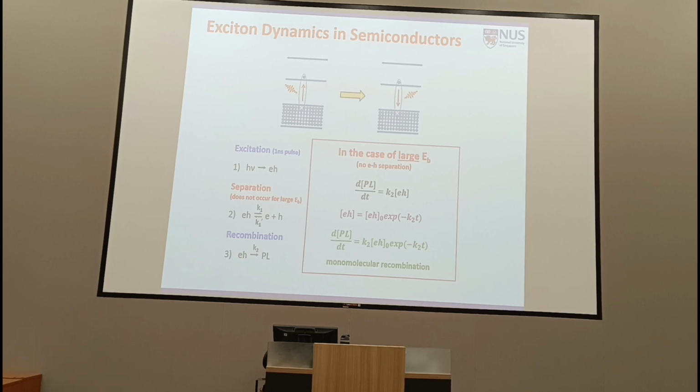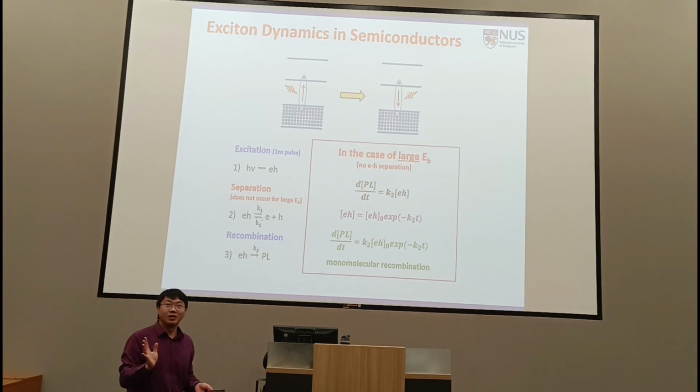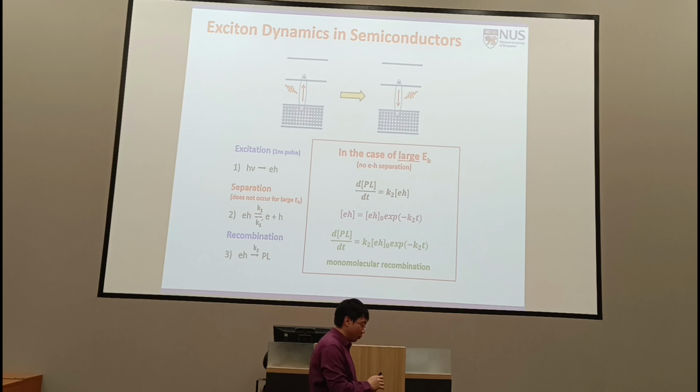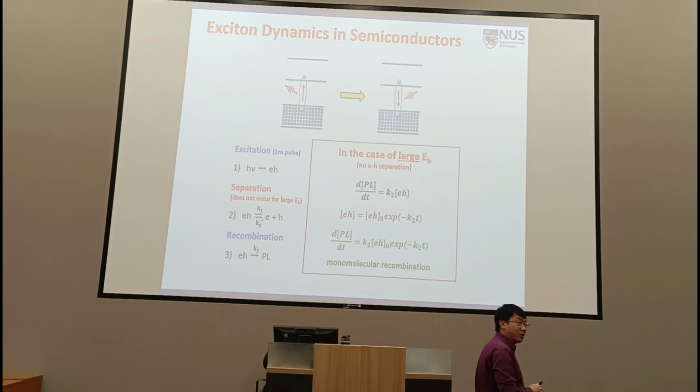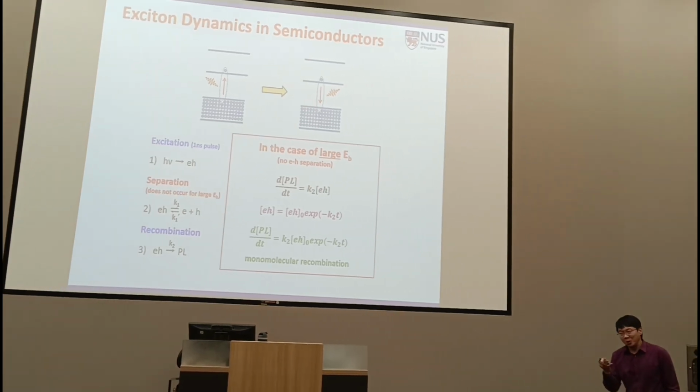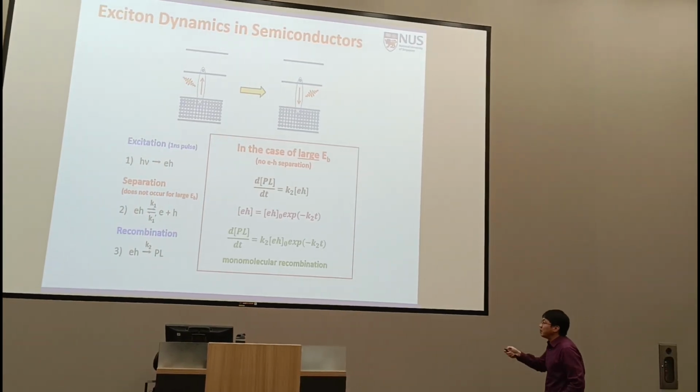A plus B gives you C, and then the rate of reaction equals k times concentration of reactants and so on. I hope you remember. Chemical science students or chemical engineers should know rate. So I can actually write rate equations in a very simple way for excitons. It's not exactly a chemical, but you can still write that kind of equation.